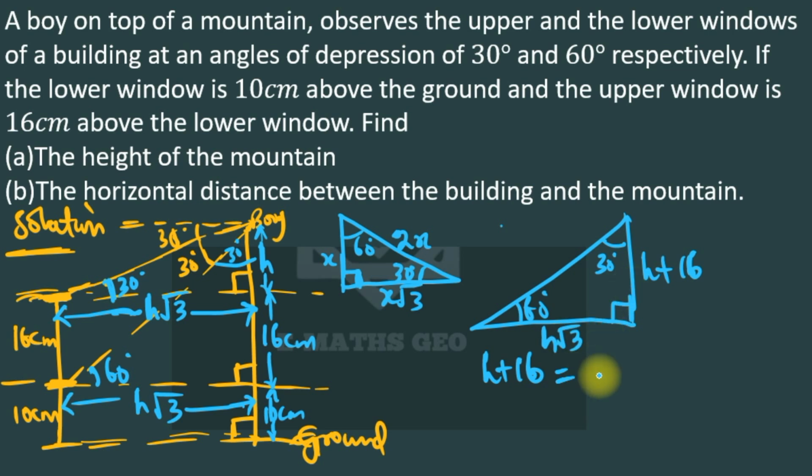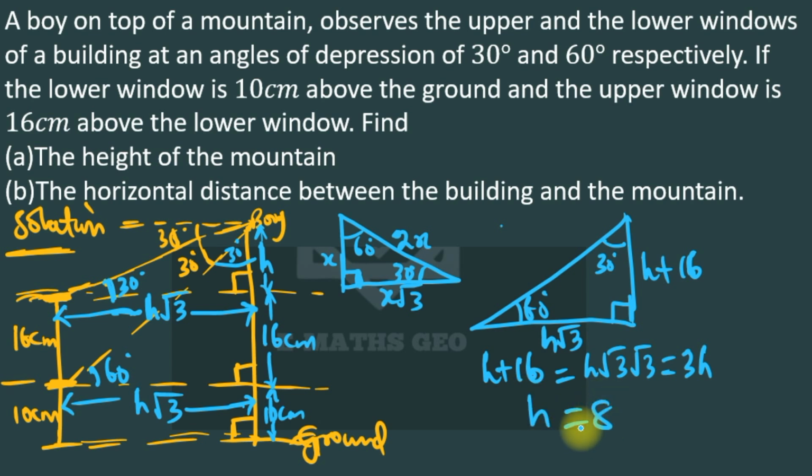The one opposite 60 will now be H root 3 times root 3, because our x here is H root 3. So x root 3. From there we see that this is 3H. So solving for H, 3H minus H is 2H, so H is 8.